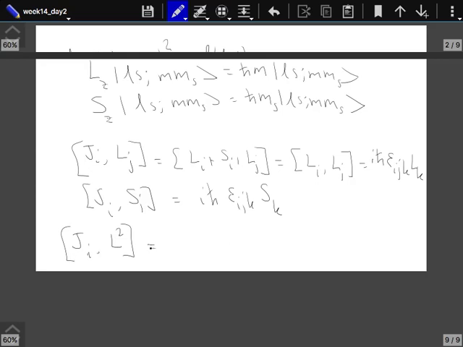This is equal to Lj commutator with Ji Lj plus Ji Lj commutator multiplied with Lj.